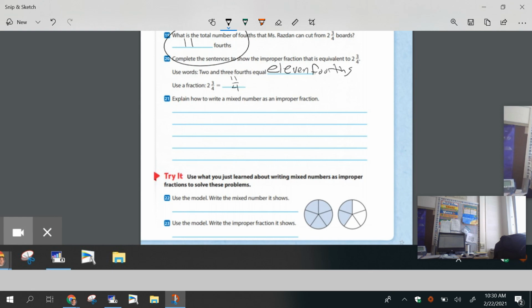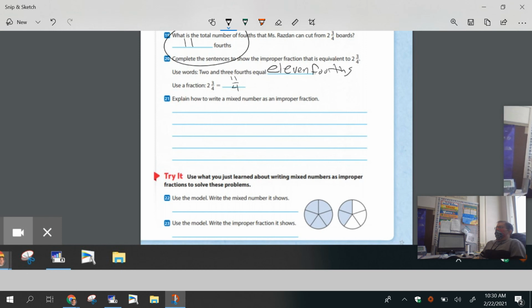Sure. I wrote, add the whole and the number of the denominator's number as a normal fraction.